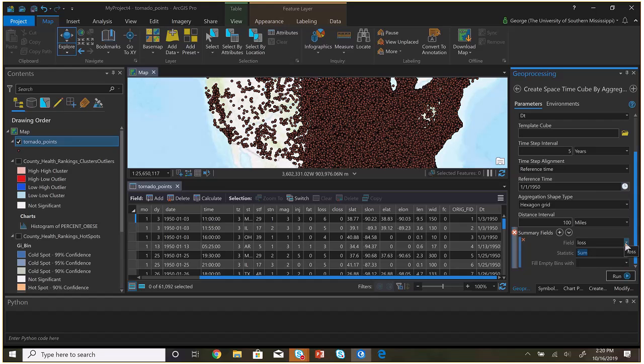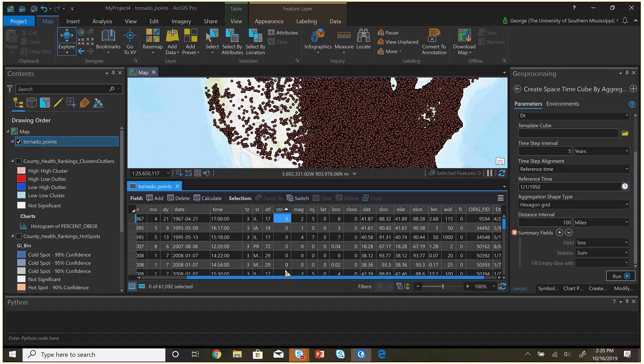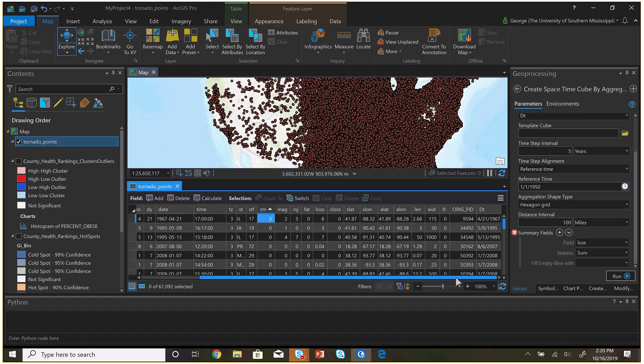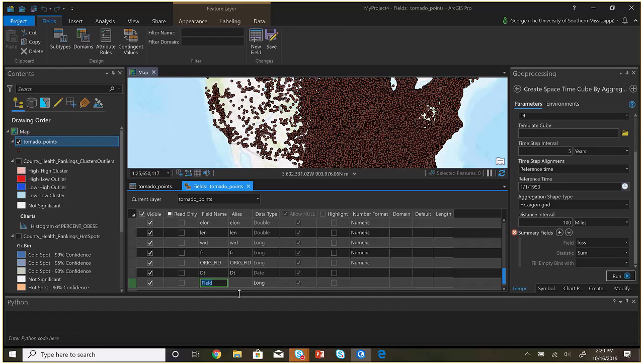Of course, loss through the years is just, yeah. I think I should just use magnitude. What is this STN, I wonder? What I really need is, with join count I can just add it.